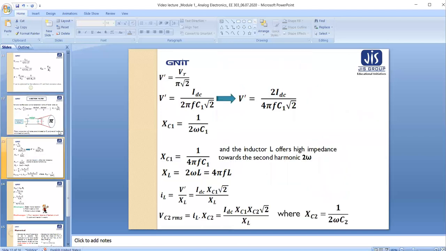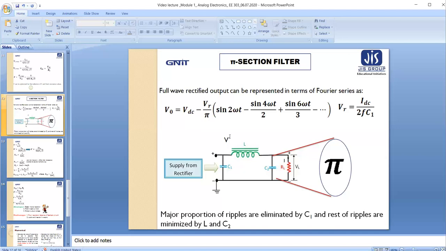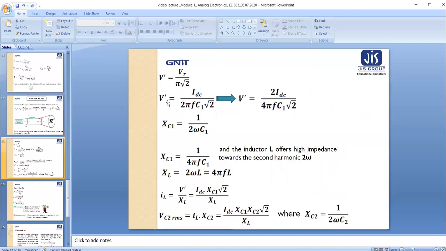So if VR by pi is the peak value of the ripple, then the RMS value will be V prime equals VR by pi root 2. V prime is basically the voltage appearing across C1. Now putting in the value of VR, that is IDC by 2 F C1, we get the V prime expression.